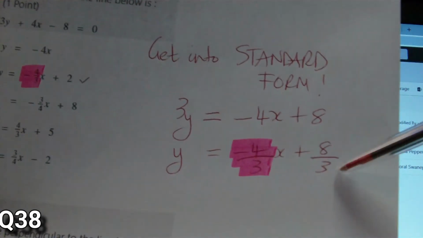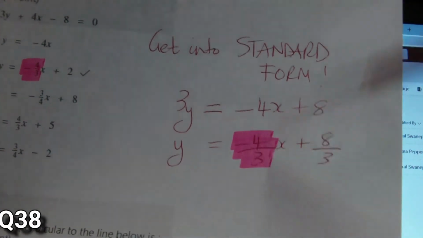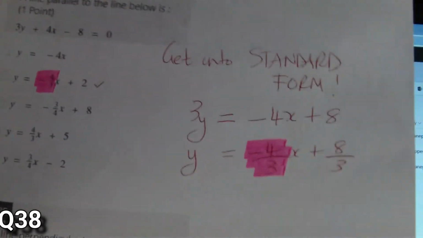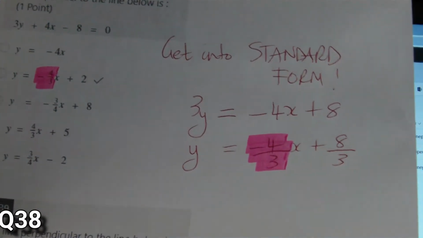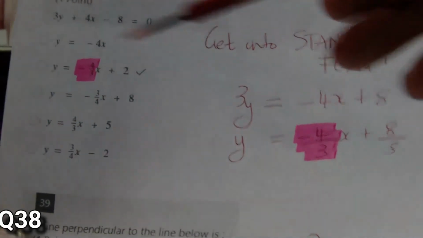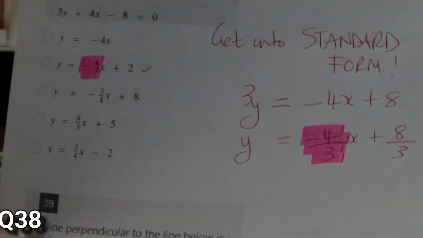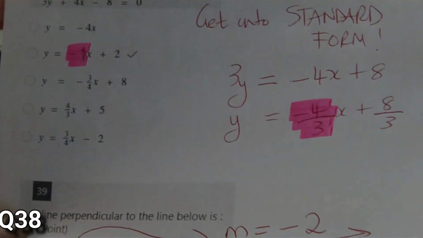There's the line in standard form. So there's the gradient, negative 4 over 3. Which one of these lines has a gradient of negative 4 over 3? And there it is, the second one. I don't care about anything else. I don't care about the plus 2. I just care about that gradient. If the gradients are the same, the lines are parallel.